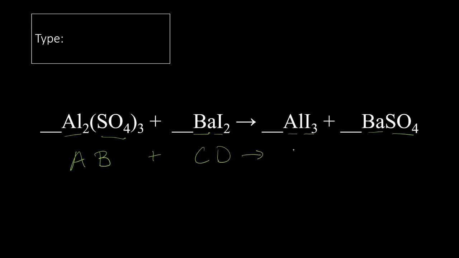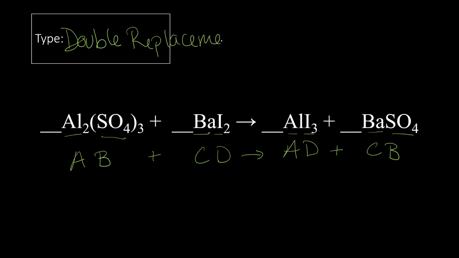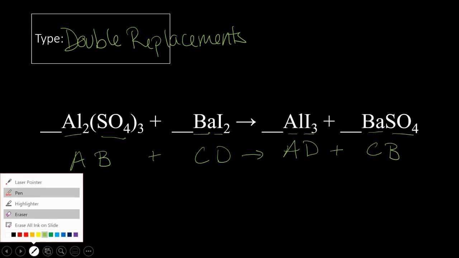Compound plus compound makes AD plus CB. That right there, folks, is a double replacement reaction. I can tell because I have 2 compounds and they are swapping partners. That is the clue for it being double replacement, swapping partners.